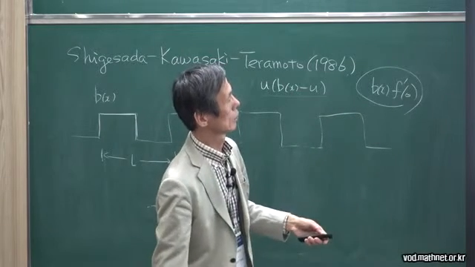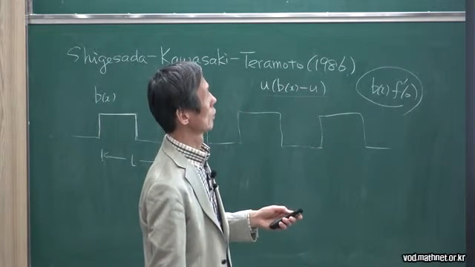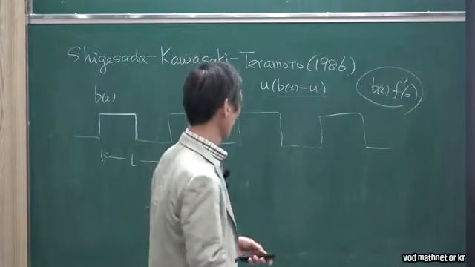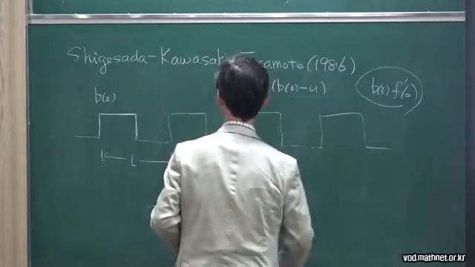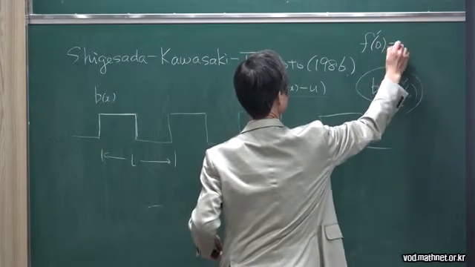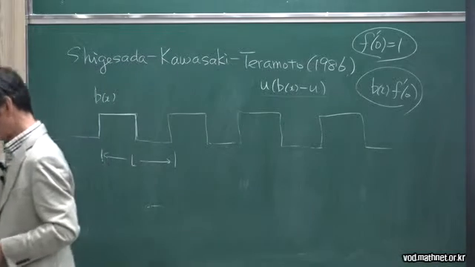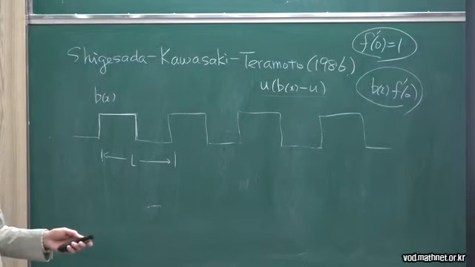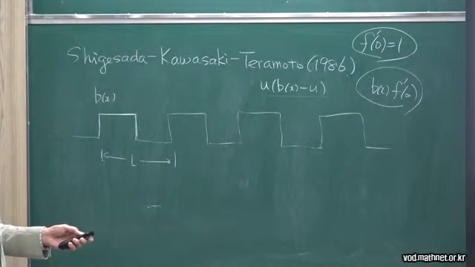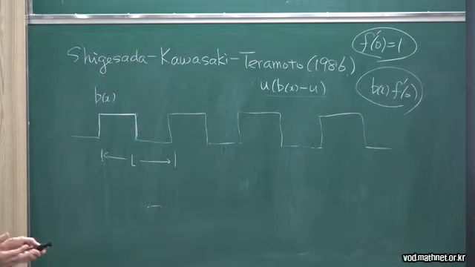I forgot to say this: I normalized f so that f prime of 0 is equal to 1. Otherwise, you have to put f prime of 0 all the time after b of x. Just for notational simplicity, I normalized it, just by change of variable.